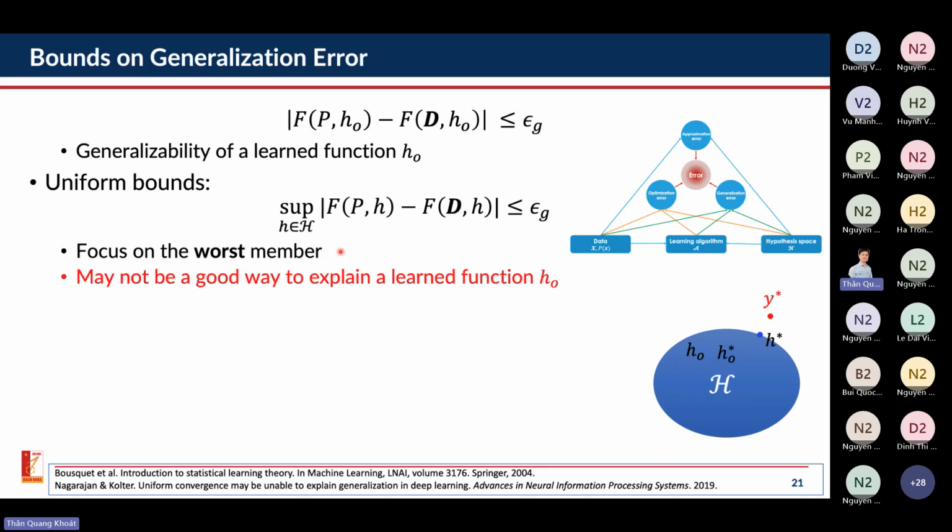In that case, essentially, we try to estimate the supremum of this difference. If this supremum is small, it means that every member in our family should be good, right? Should generalize well. Many years ago, many theories focused on this quantity. We are trying to see the worst member in the model family, okay? In other words, we are trying to provide some upper bounds for that quantity, right?